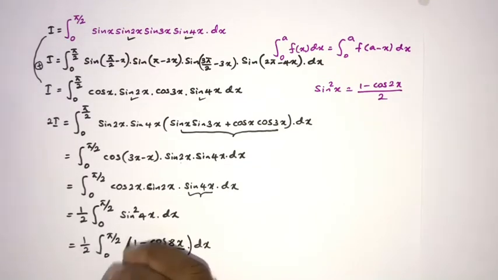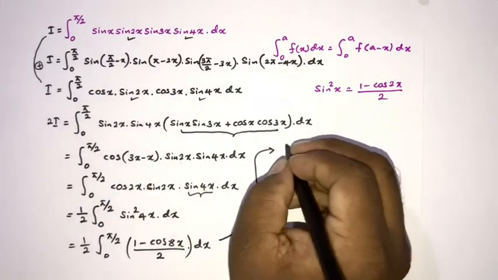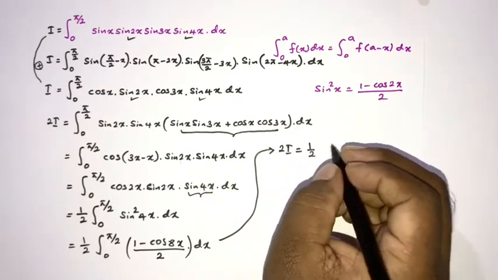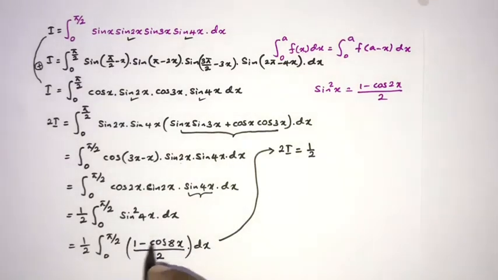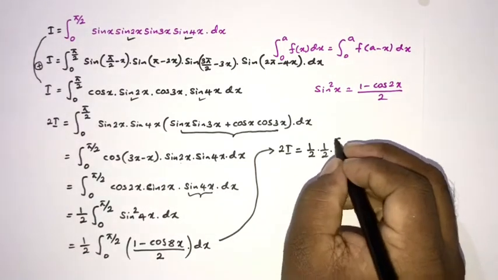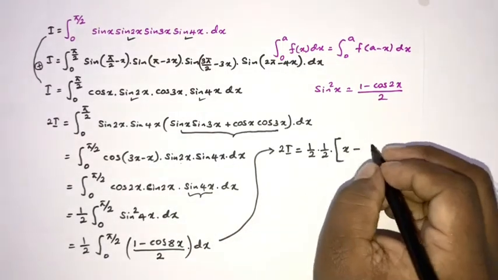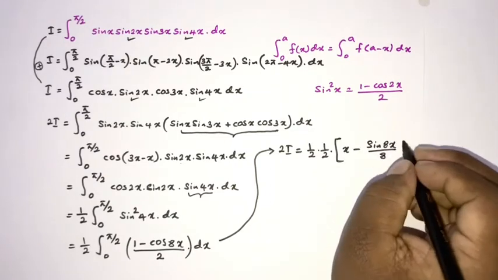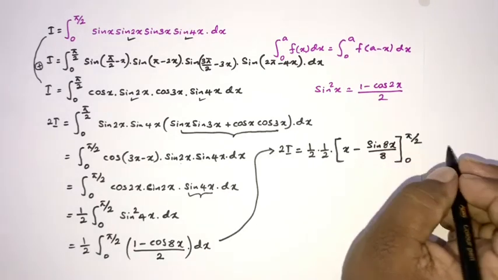Then we can integrate: 2 times I is equal to 1/2 integral from 0 to pi over 2 of 1 minus cosine of 8x. We take 1/2 outside of the integral sign, and if we integrate 1, we get x, minus sine of 8x over 8, from 0 to pi over 2.